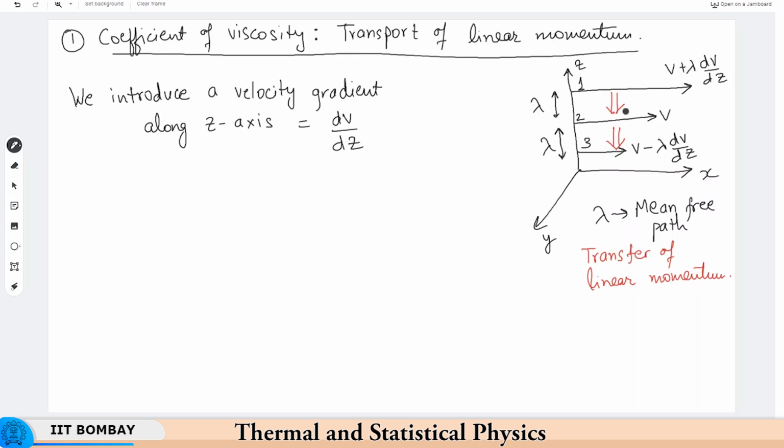Okay. So, let me define it a little bit better. What I am saying is, like I said, there is a change in momentum along the z axis.